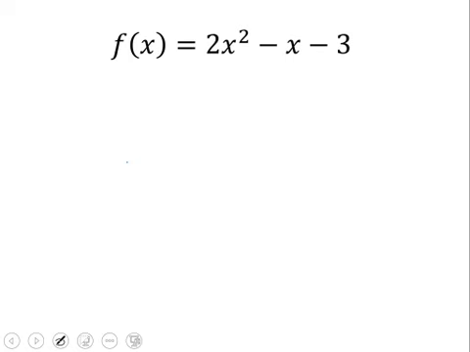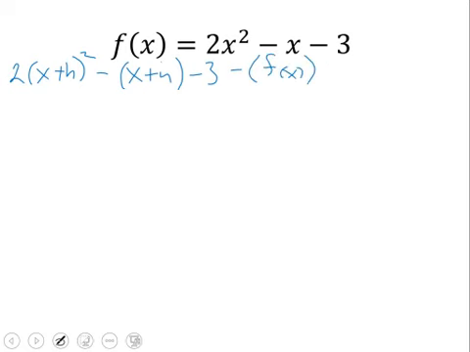So everywhere that there's an x, we're going to replace it with an x plus h. So we end up with 2 parenthesis x plus h squared minus x plus h minus 3. And then we're going to subtract the original function. Now I'm not going to write it all the way out because it's just what's right above it.